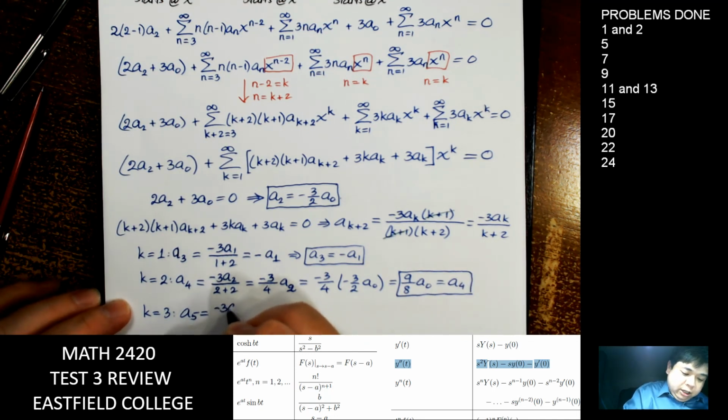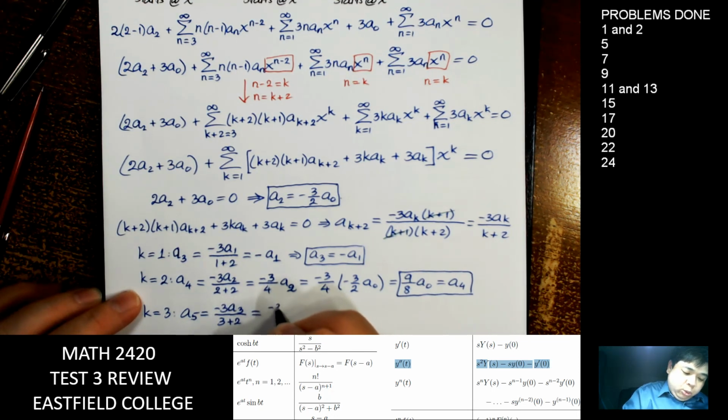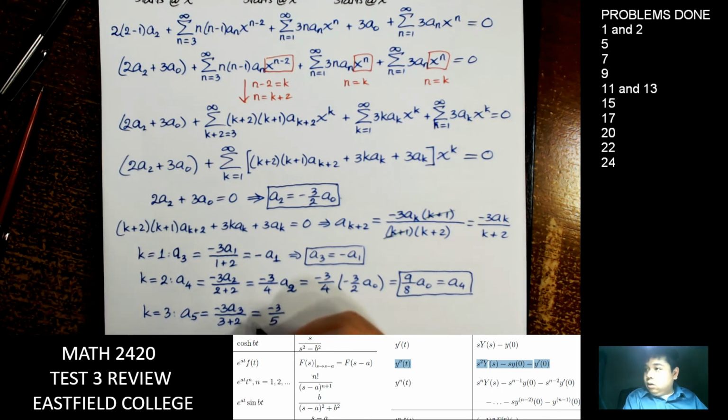Negative 3 a3 over 3 plus 2, negative 3 over 5 a3, a3 is negative a1.